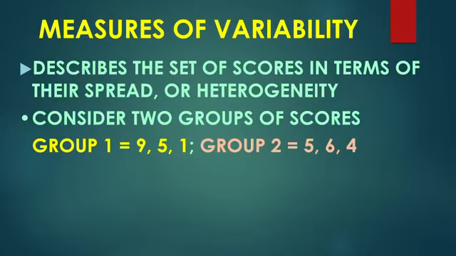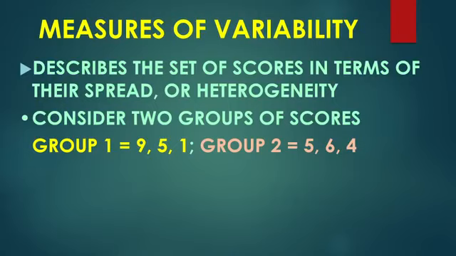Okay, what about group 2? Okay, that's a very good observation. On group 1, the scores are far apart from each other. For group number 2, the scores are close with each other.